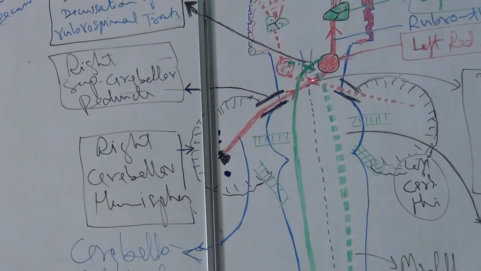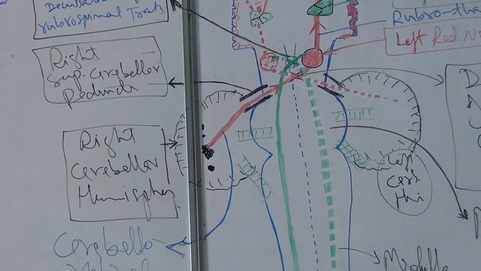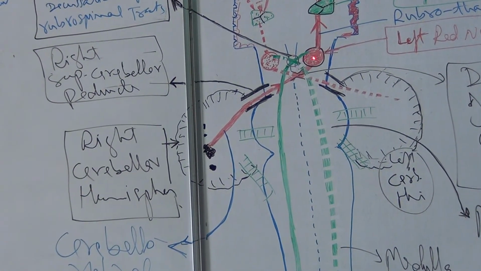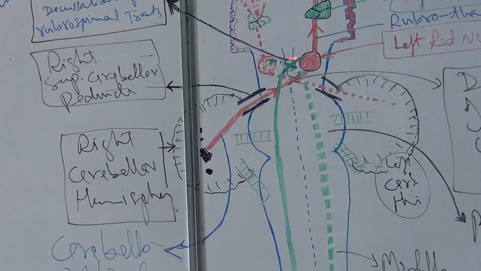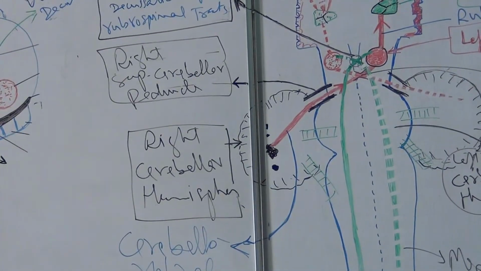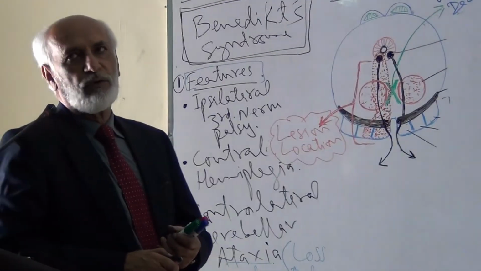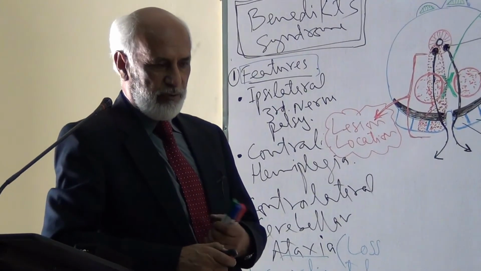That is the crossing at the decussation of superior cerebellar, and second, the ventral tegmental decussation, where the rubrospinal tracts of both sides cross each other. So this was the result of the damage to the red nucleus, nucleus ruber, and the ventral tegmental decussation.